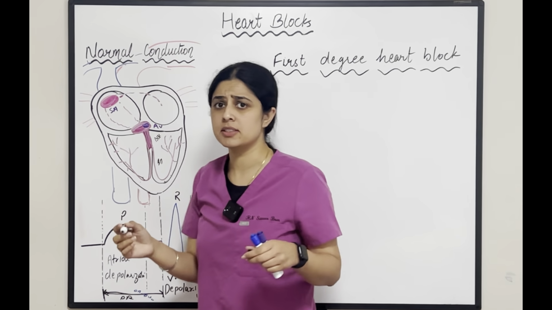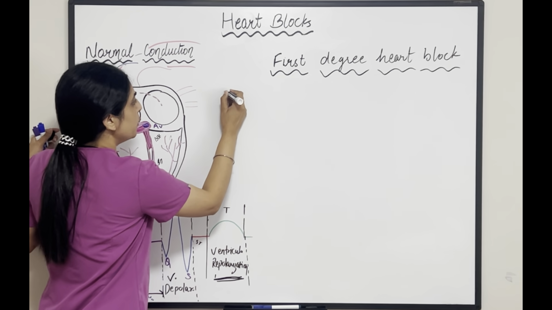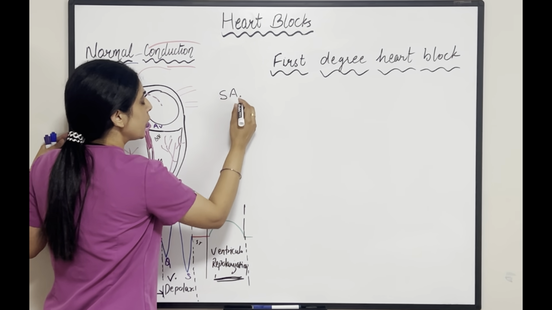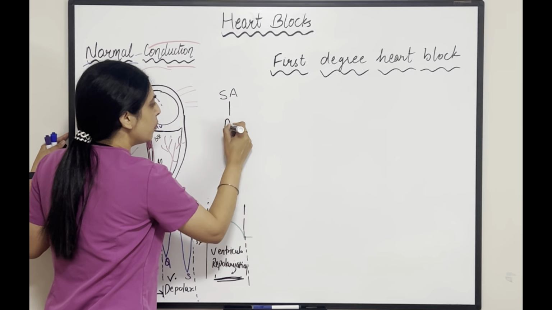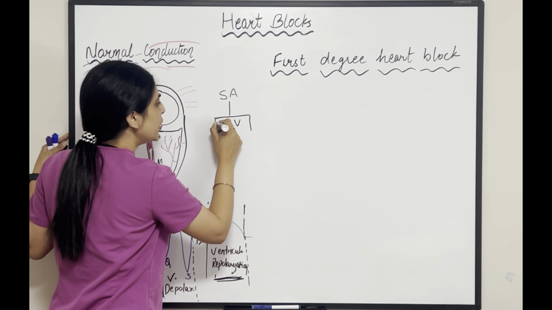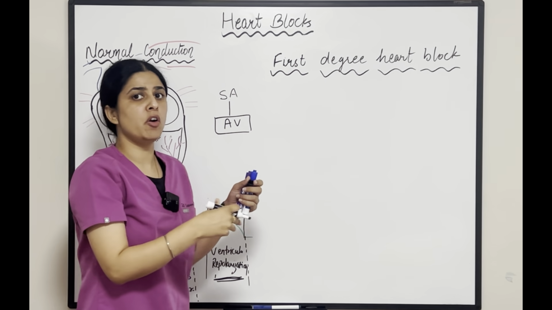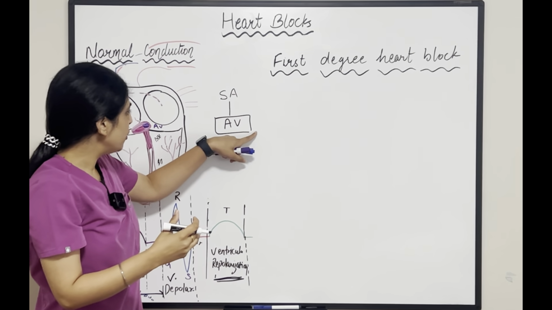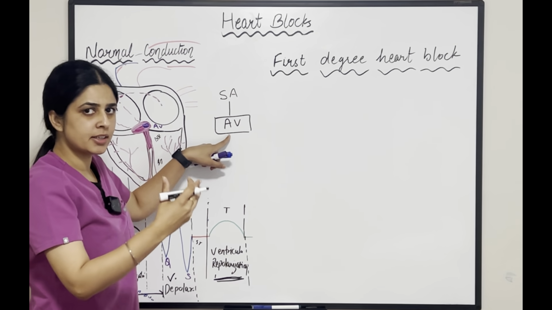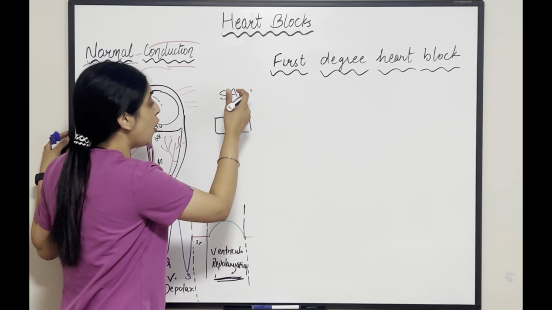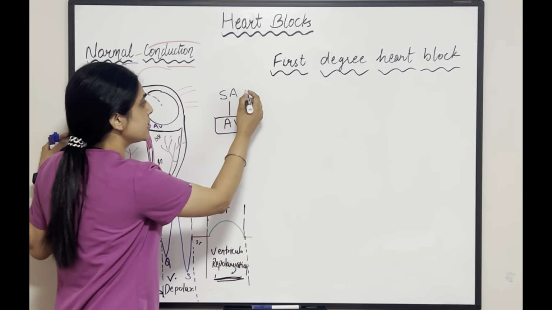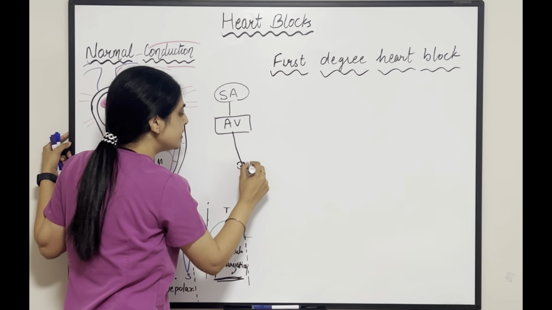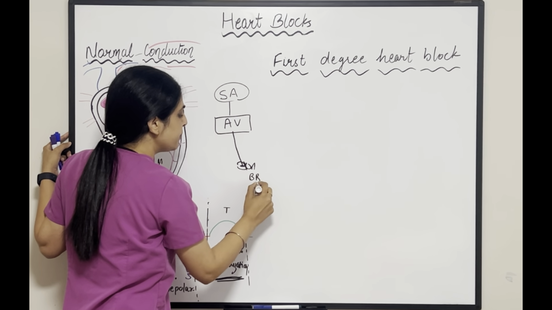Whatever impulse is generated from the SA node goes to the AV node, and the AV node holds those impulses for a long time, but eventually all the impulses generated at the SA node reach the bundle of His, bundle branches and Purkinje fibers.